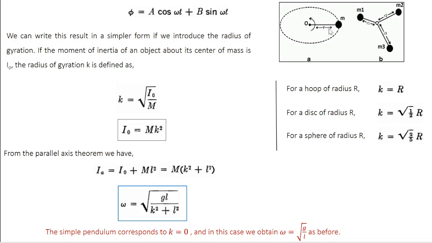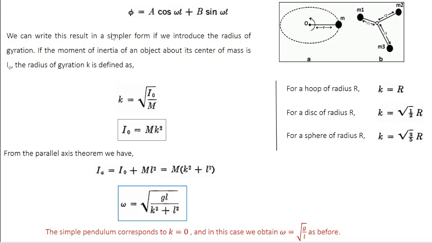The speciality of this distance is that at this distance this single point would rotate in such a way that its moment of inertia is exactly the same as the moment of inertia of this multi-particle system about the same axis. And this distance is known as radius of gyration. So radius of gyration helps you to reduce a many body problem to a single body problem in the context of angular motion. So this makes your analysis a lot simpler.